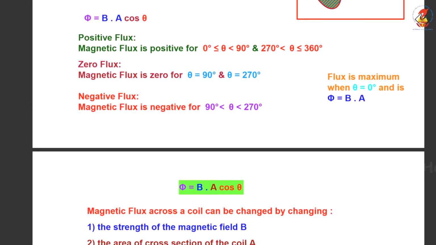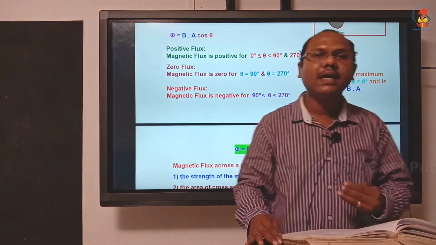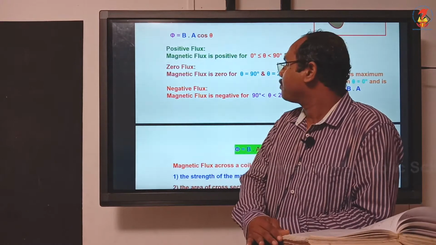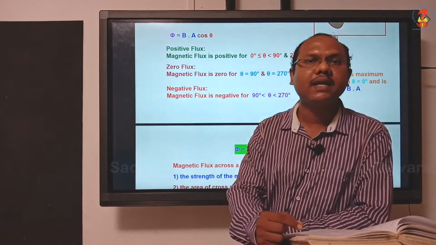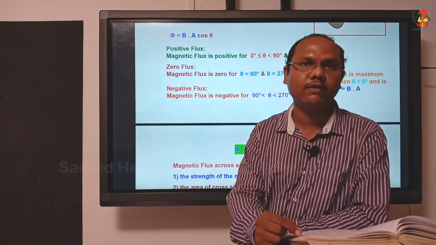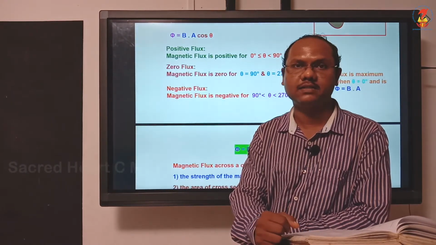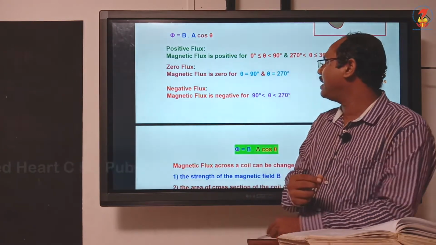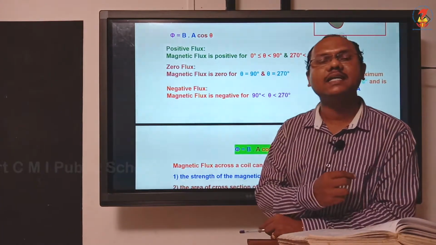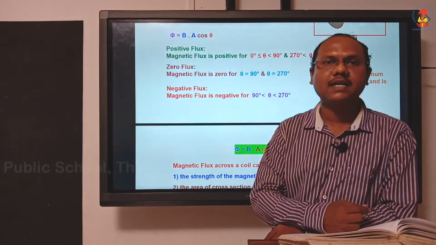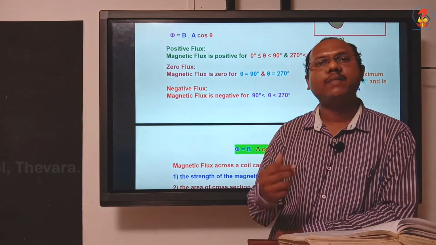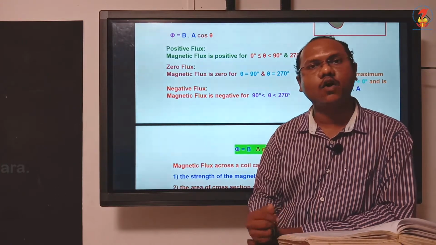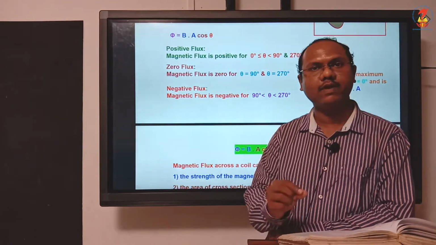Flux is a scalar quantity, and we can say positive flux and negative flux depending upon the direction of the magnetic field and the area vector. If magnetic field and area vector are in the same direction, then we will say flux is positive. And if they are in the opposite direction, we will say flux is negative.